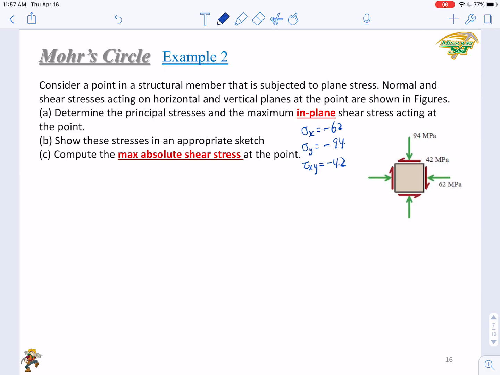Here, just using these values, we can draw a Mohr circle. The first point will be negative 62, and the second point is negative 94.